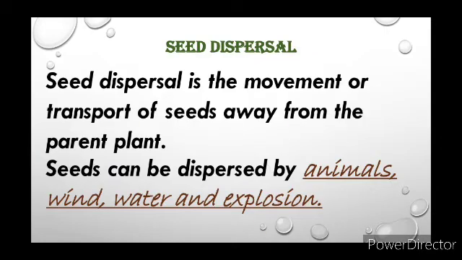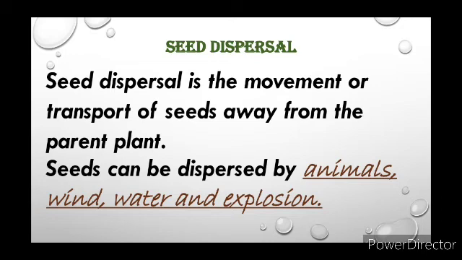Now I'm going to explain to you what seed dispersal means. Dispersal actually means movement or to spread. So seed dispersal is the movement or transport of seeds away from the parent plant.